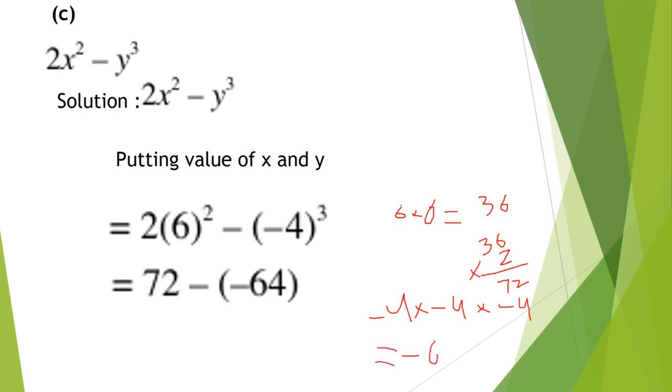The answer will be minus 64, because when we multiply minus 4 by minus 4, the answer will be 16, and 16 multiplied by minus 4, the answer will be minus 64. So we write it as minus 64. Next, minus minus becomes plus, so when we add 72 with 64, the answer will be 136. Thank you.